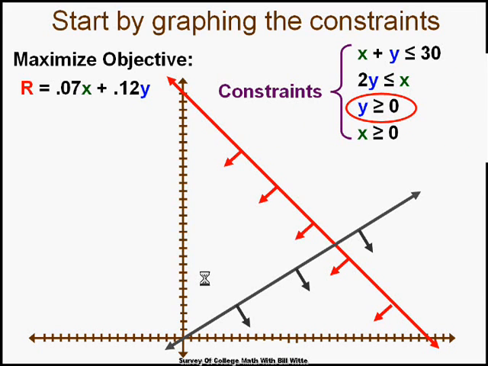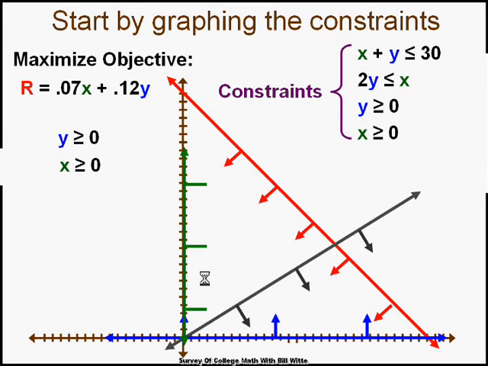Let's see. I got to do my y is greater than or equal to 0. I know where that one is. And x is greater than or equal to 0. I know where that one is. Now, what portion of this graph is green and red and gray and blue?